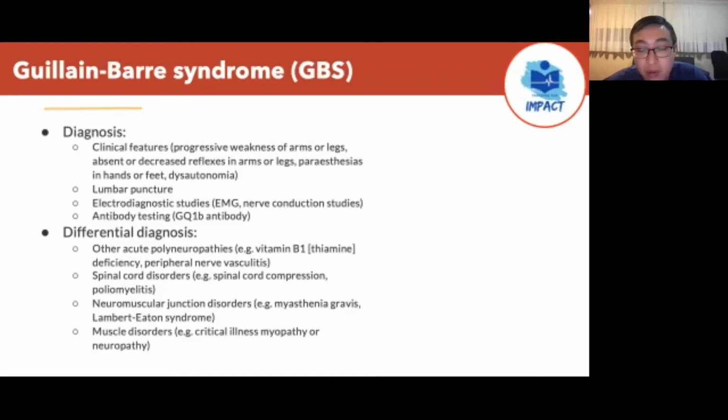And I think the final differential that we want to bear in mind is critical illness myopathy or neuropathy, which can occasionally mimic GBS in the sense that it can present as an acute paralysis. But I think in this patient, GBS is probably still the most important diagnosis that we want to investigate for, and the lumbar puncture and the nerve conduction studies will tell us whether it's GBS or not.